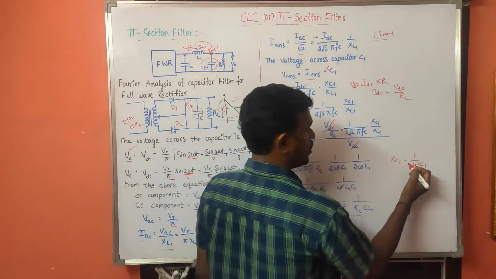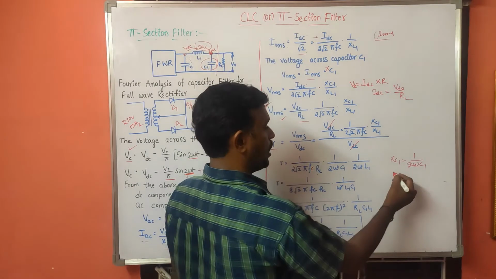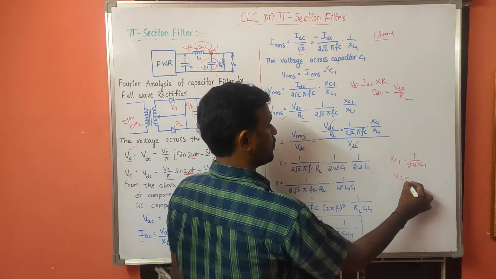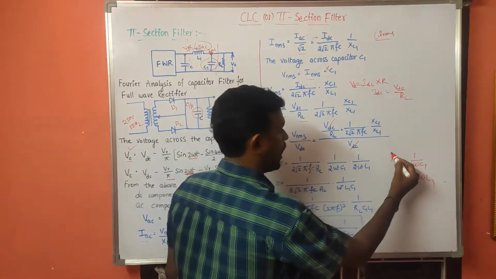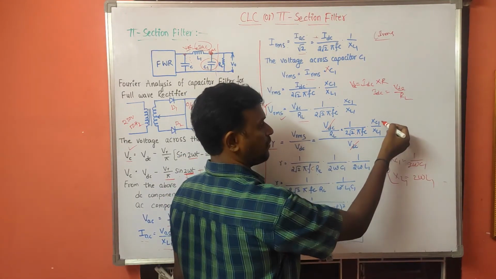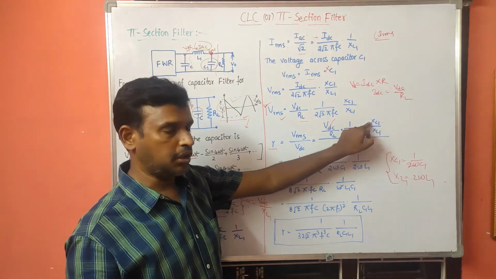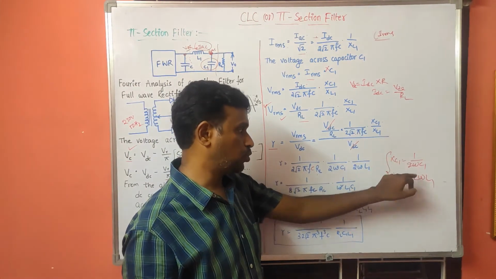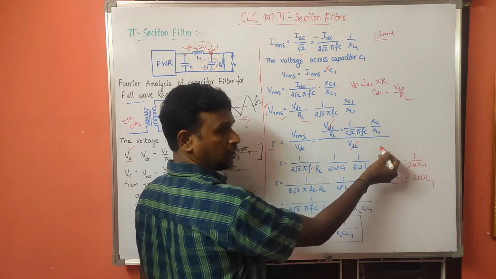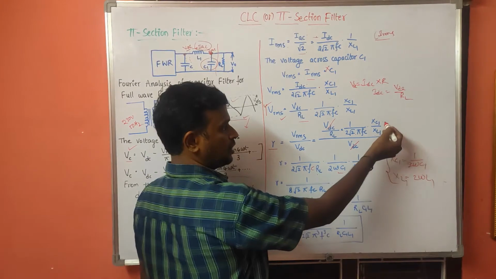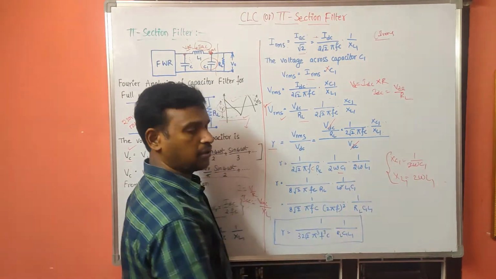So that's why XC1 is equal to 1 by 2 omega C1, and XL1 is nothing but 2 omega L1. These two values I am substituting in place of XC1 and XL1. XC1 is in the numerator, that is 1 by 2 omega C1, and XL1 is in the denominator, that is 1 by 2 omega L1. So I have substituted here.